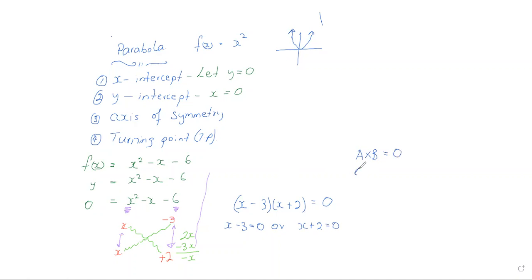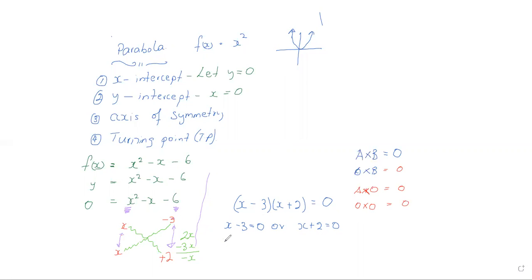It's either a is 0 or b is 0, or a and b are both zeros. That is a 0. That is a 0. So we're taking that the first factor here will be equal to 0, and b here will be equal to 0 there.